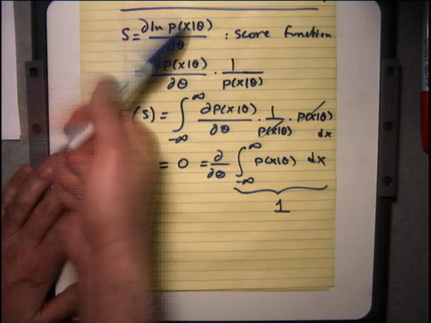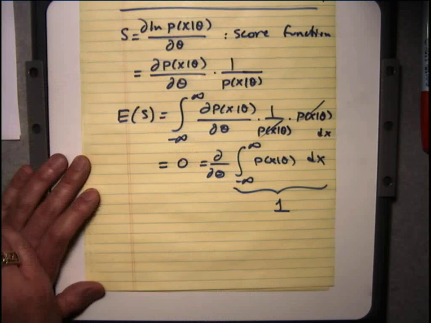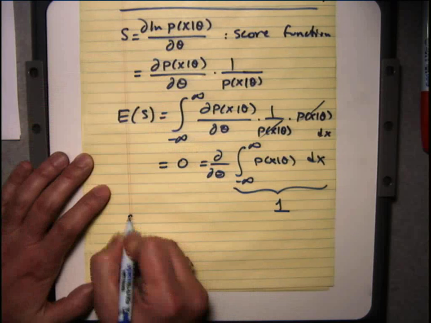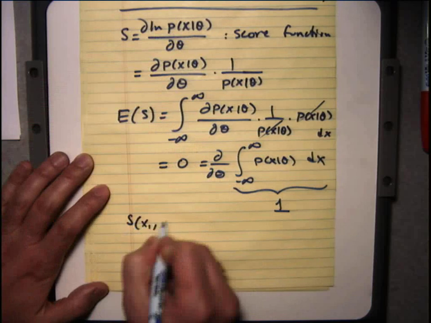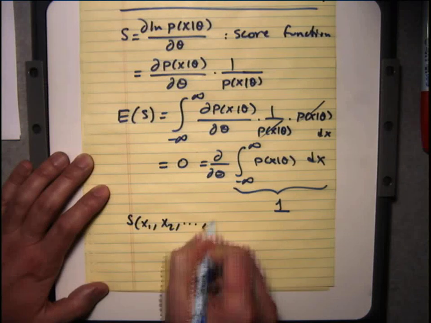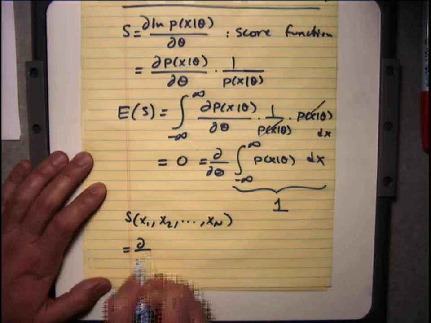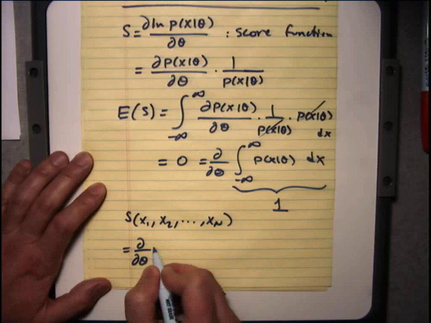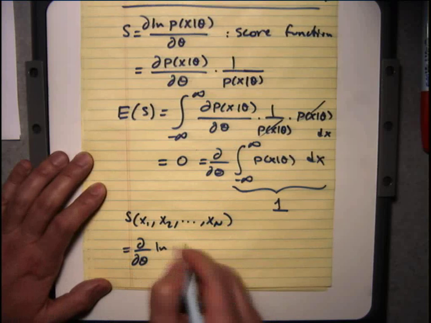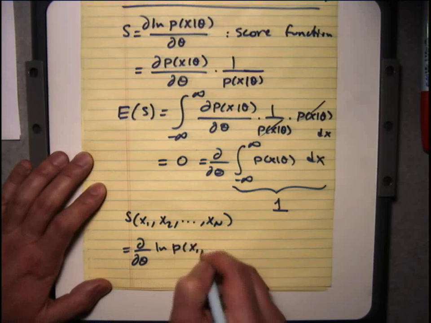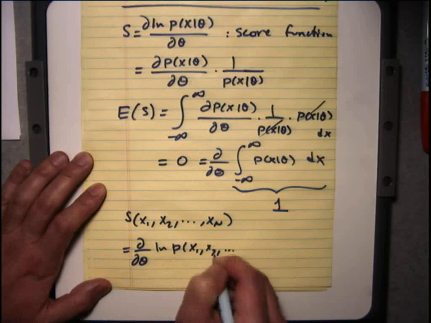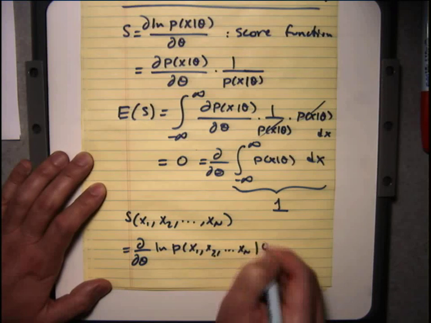So this is maybe a single data point. Let's take the score function for x1, x2, through xn. This is d by d theta of the log of the joint PDF of x1, x2 through xn given theta.